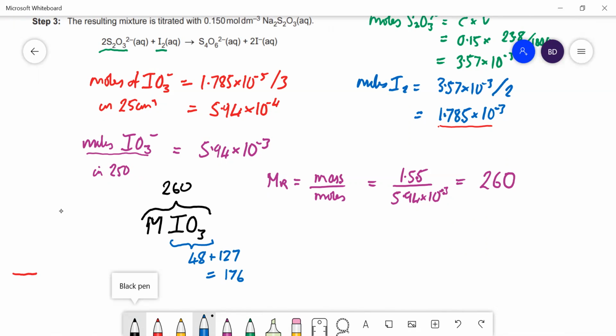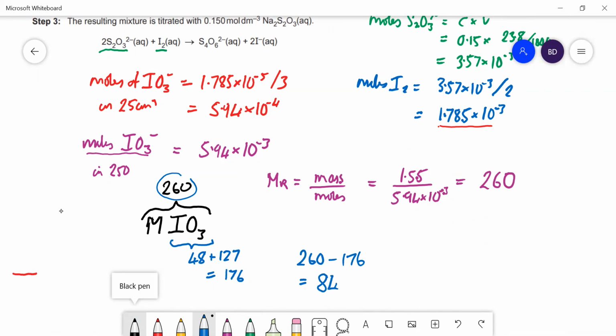So that bit weighs 176. So we've got to subtract that from the 260. That gives us 84.